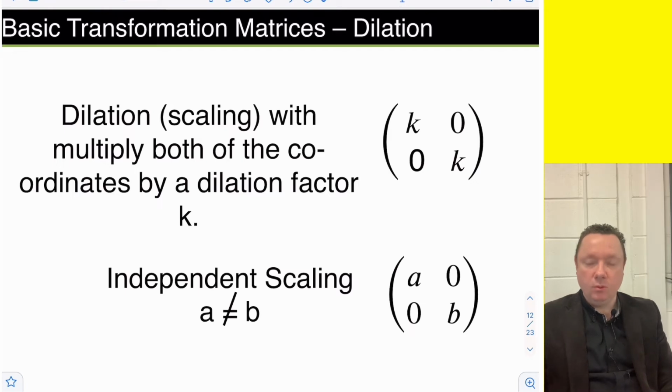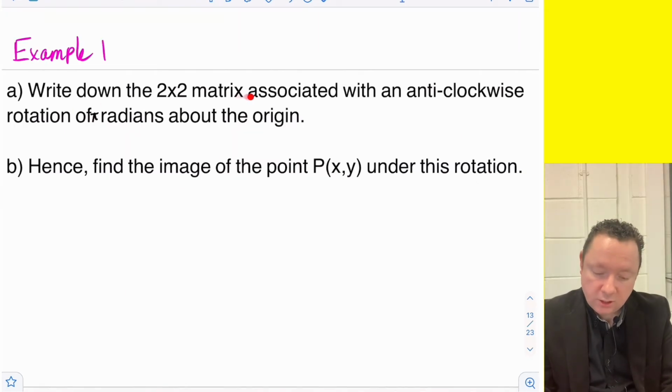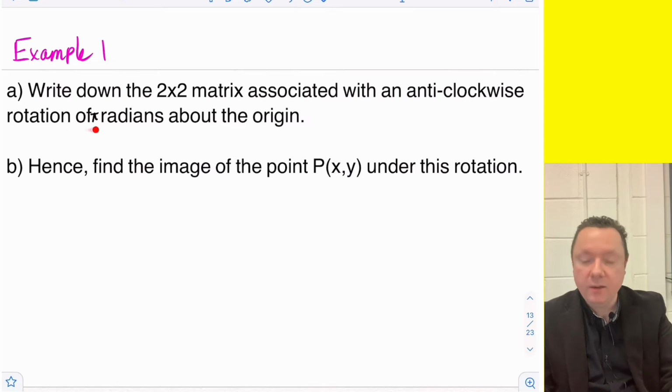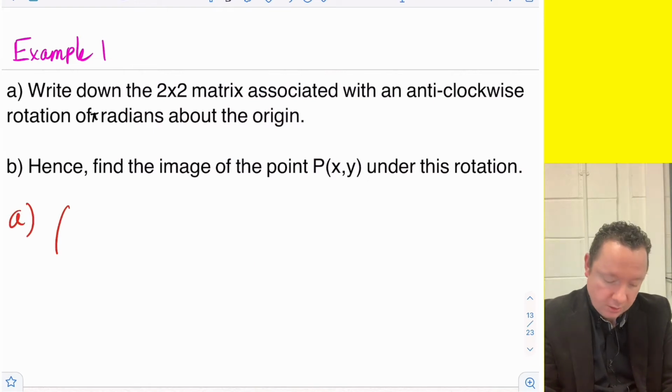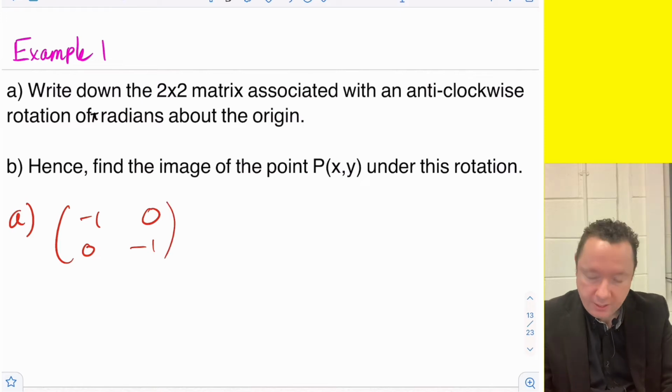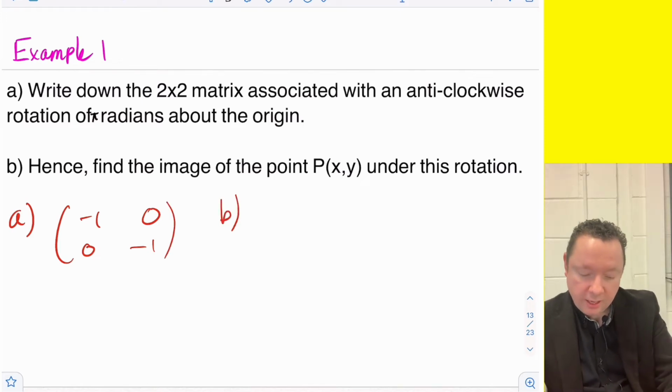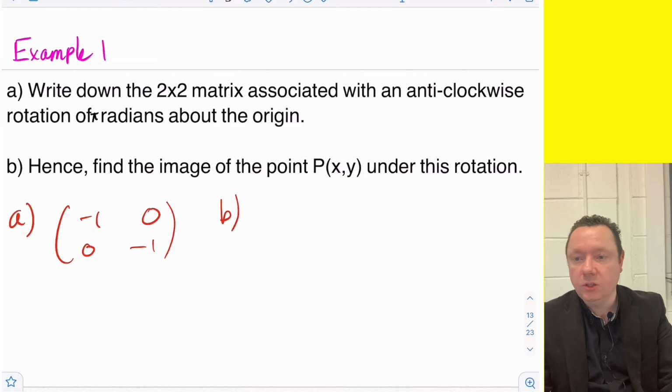Let's look at some examples. Write down the 2 by 2 matrix associated with an anticlockwise rotation of pi radians about the origin. So we can just write that down straight away. It is minus 1, 0, 0, minus 1. Part B. Hence, find the image of point x, y under this rotation.